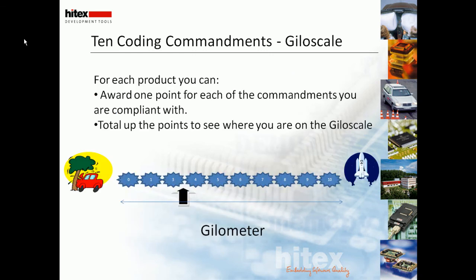So for each of these coding commandments that you are compliant with, you can score yourself 1 point. So for example, if you do static analysis testing, if you have version control, and you have software requirements capture at the front end, then you would score 3 points, one for each of those items which I've just described.